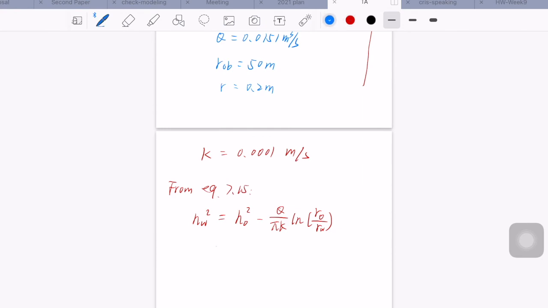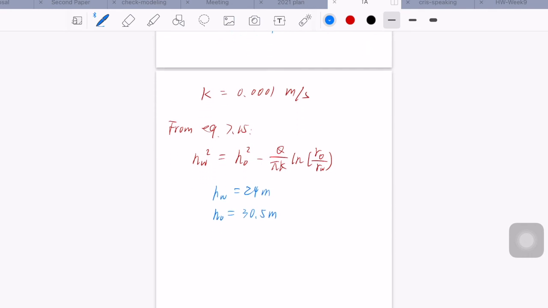HW equals 24 meters as we determined before, H0, the depth of the unconfined aquifer, is 30.5 meters, K equals 0.0001 meters per second, Q equals 0.0151 cubic meters per second, and RW equals 0.2 meters.